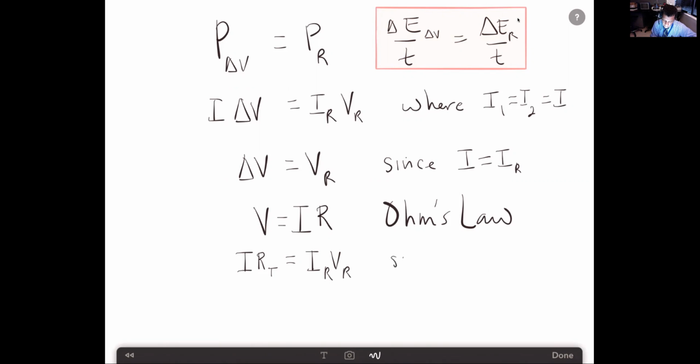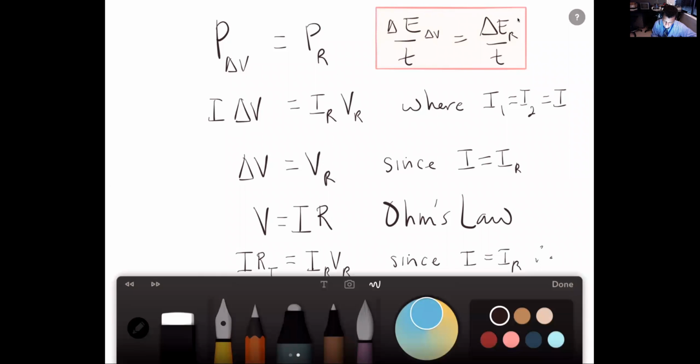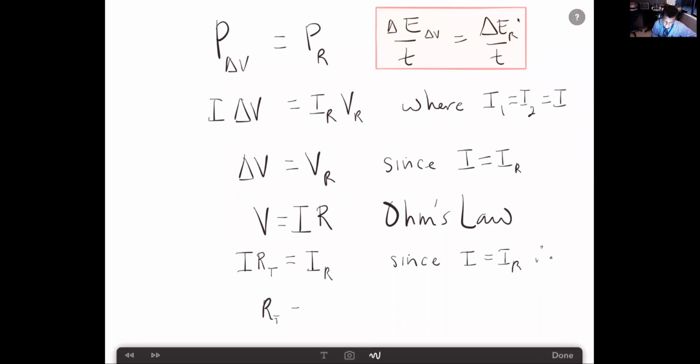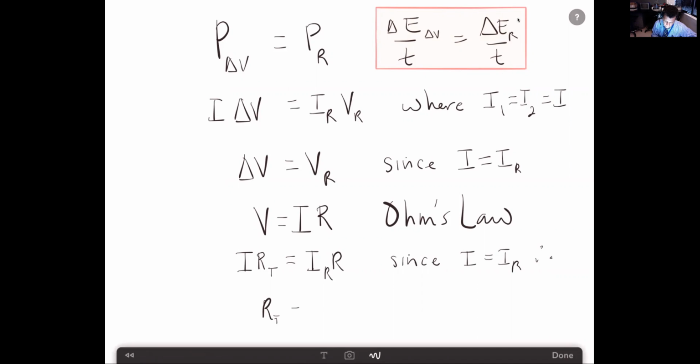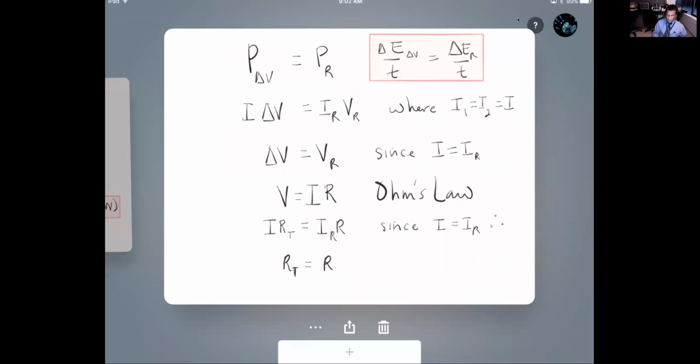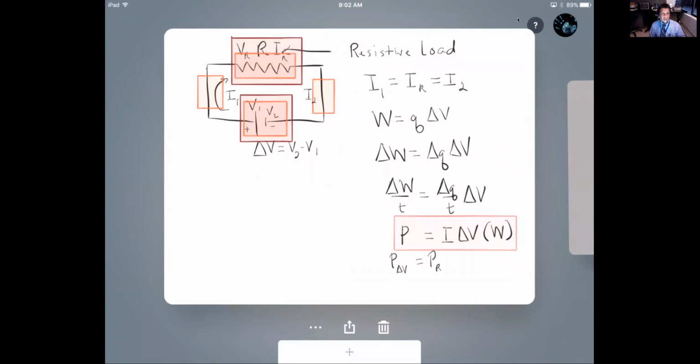Now, since we have I equals IR, we can again write RT equals, man, I wrote that wrong again. I'm just going to erase this. Figuring you guys caught this. Probably some mistakes going on. RT is going to equal R. So that's letting us know that the total resistance in this circuit is just equal to R. And we'll know that for a simple circuit like the one presented here.